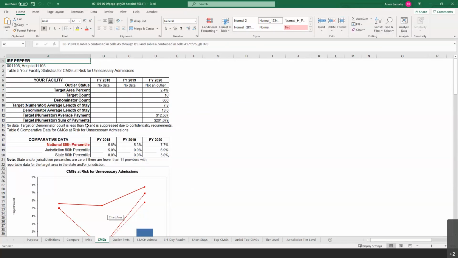If you see blank spots in your PEPR, there's nothing wrong and there's nothing missing, you didn't do anything wrong, and there's not an error in the report. It's simply because that numerator count is less than 11. So that's suppressed data for 2018 and 2019. But we do have results for 2020. And I wanted to take a look at that with you to see what it looks like when that 11 threshold is not met.